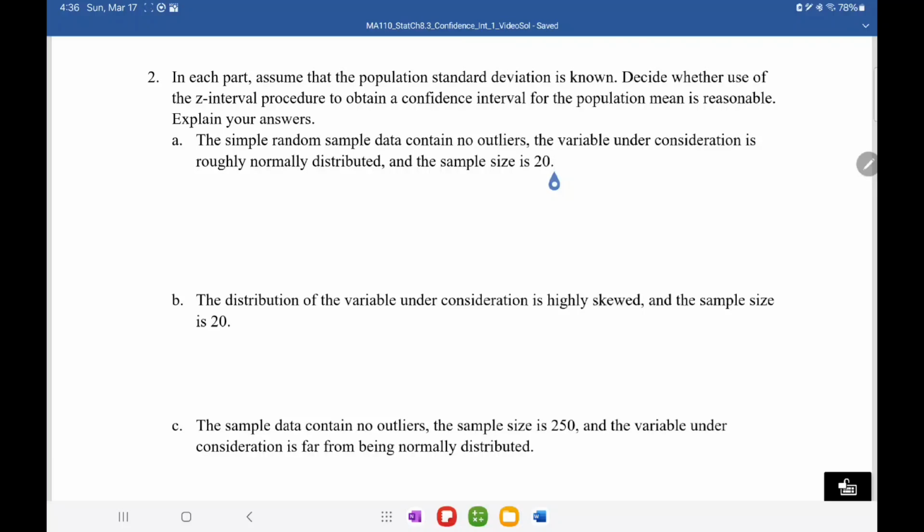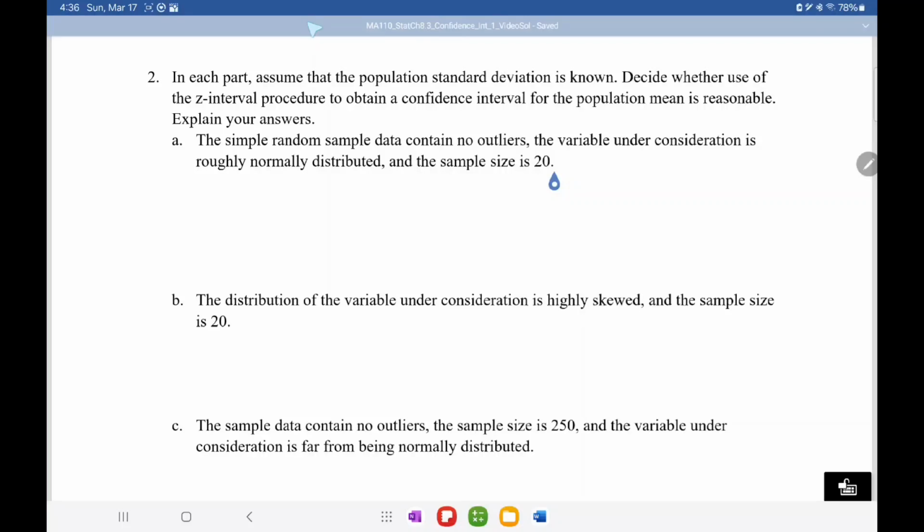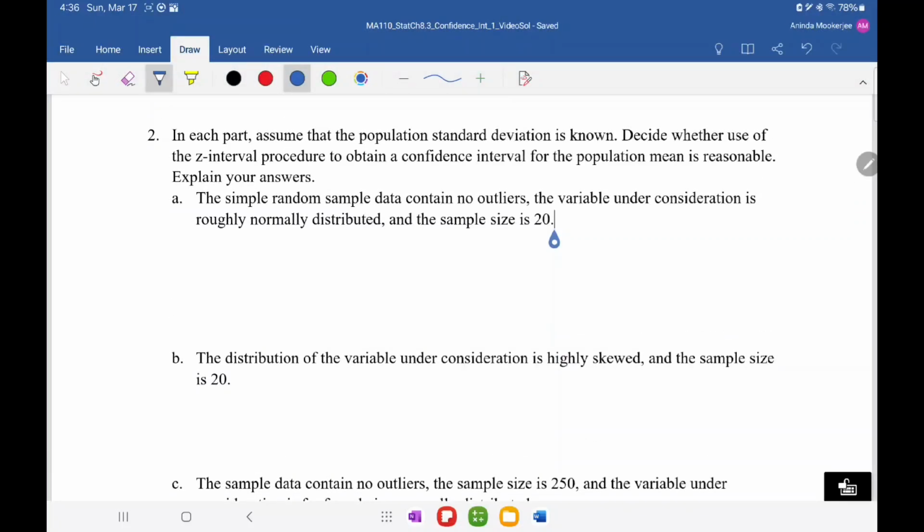Given these conditions, can we use the Z-interval procedure or not? Now, before that, I'm going to just list the assumptions that are required in order to use the Z-interval procedure. So let me write that here. The assumptions that we learned was that, first of all, the sample must be a simple random sample, and that will hold true for any statistical study.